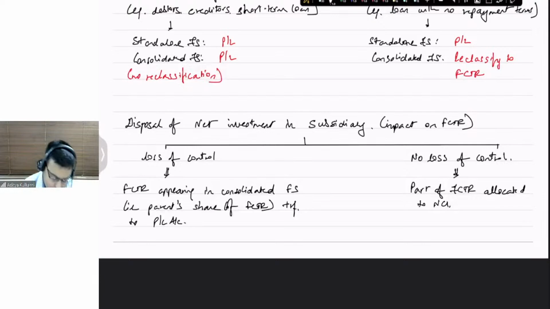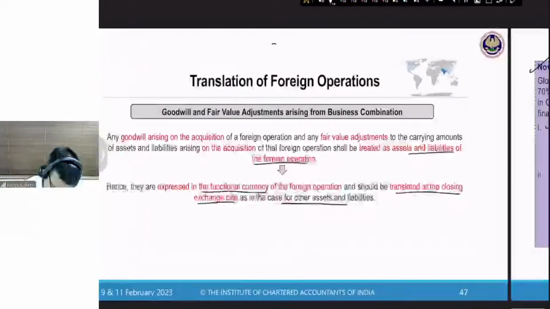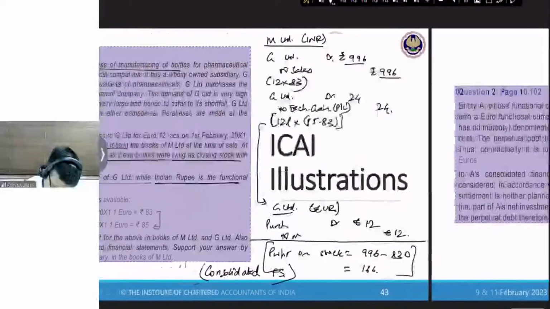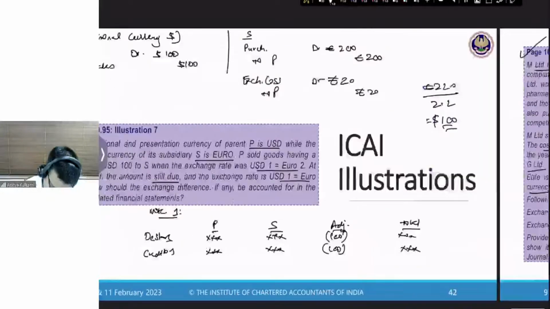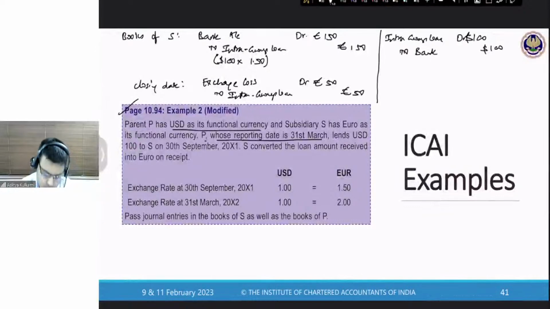All right. Let us look at one question on this. Where is that question? Just a minute, please. Let me see that question where it is. Example 3.